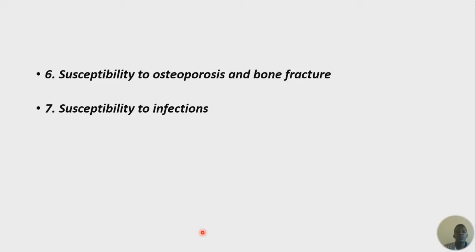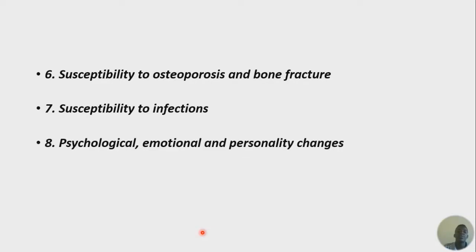Number 7, you are susceptible to infections. As you have low proteins, your immune system gets weak. Antibodies require a lot of amino acids to form, so you are susceptible to infections.